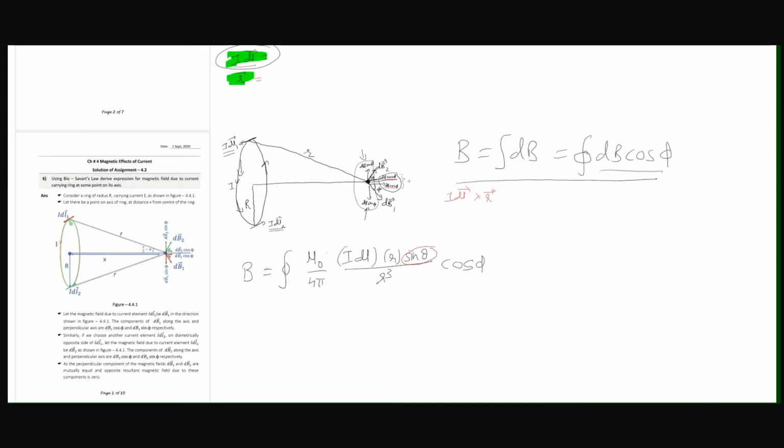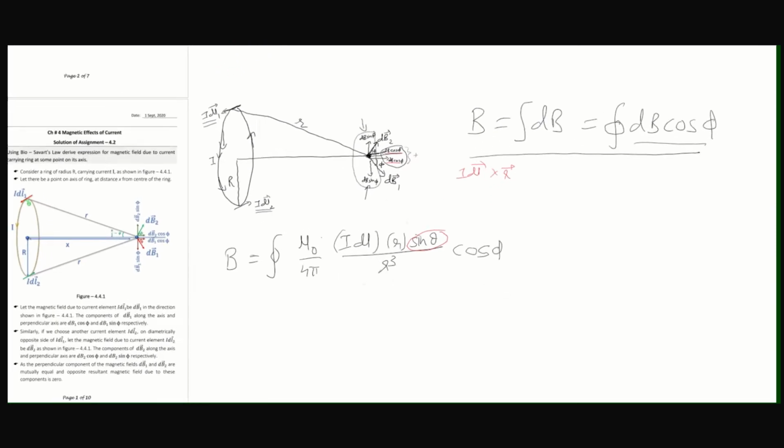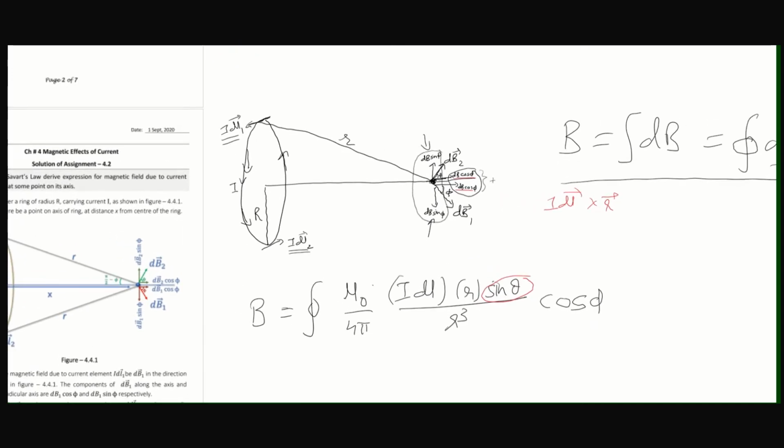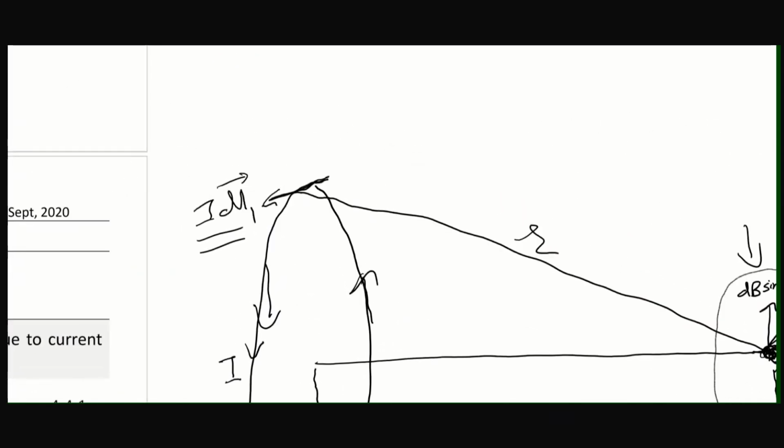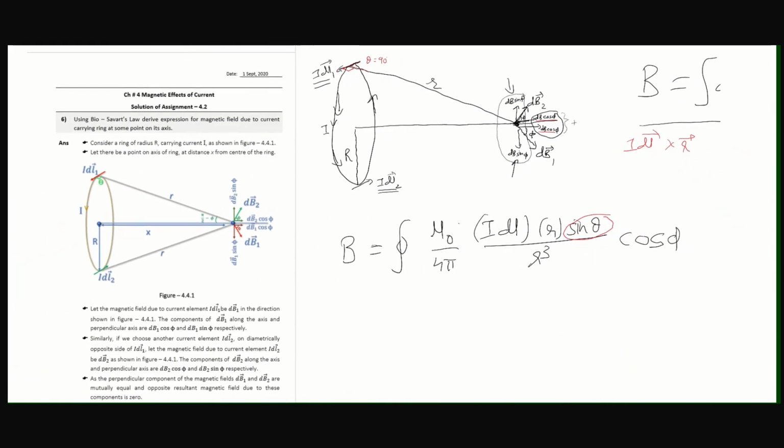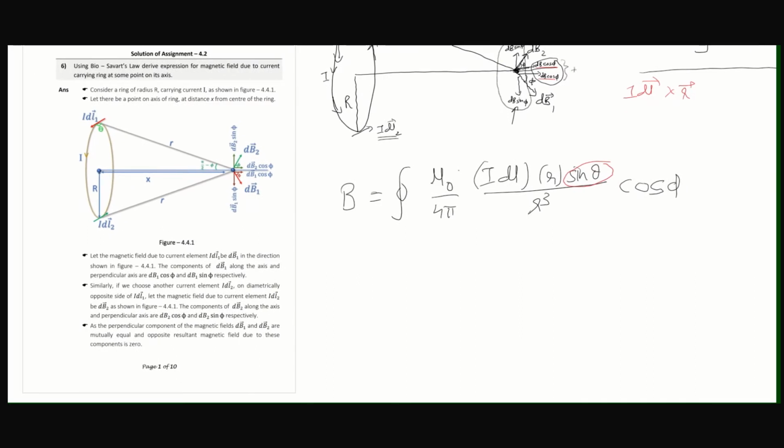So now I want to know what is the angle between IDL and R. But here if you look at the situation, this IDL is coming out of the plane of paper and R is perpendicular to it, and hence the theta value is 90 degrees. Okay, this is the IDL direction coming out of the page, and this is R. So what is the angle between IDL and R? It is 90 degrees.